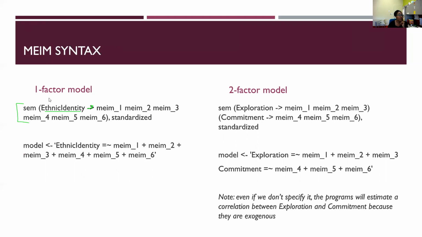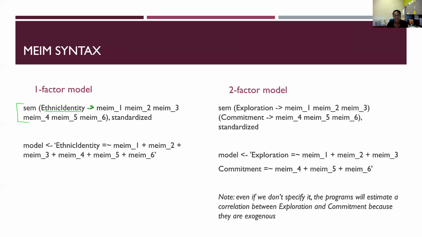Okay, so the really important part here is that this arrow is facing our indicators, because we are saying that this latent variable is composed of those indicators, and the arrow is facing them because these are the dependent variables, but it might help you to think of this latent variable as composed of these indicators.